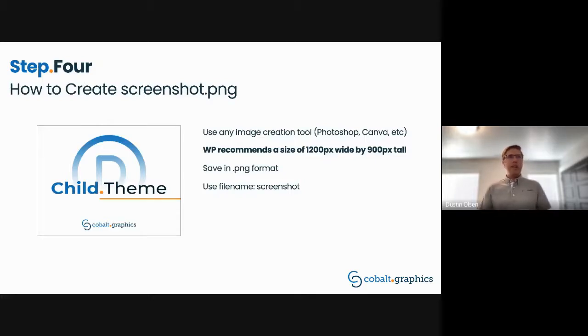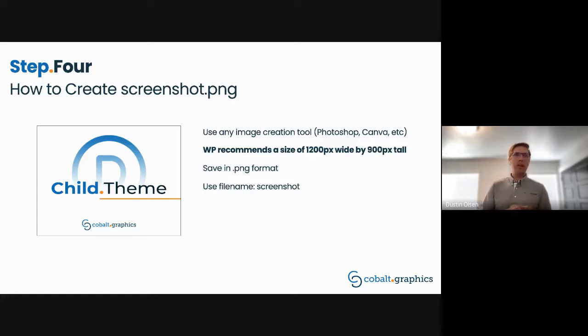You can use any image creation tool you have access to, be it Photoshop, Canva. The list is endless, I feel like, these days with online options. So any image creation tool, the only thing is your tool needs to allow you to do a custom size of 1200 pixels wide by 900 pixels tall. And that's the size that WordPress recommends.